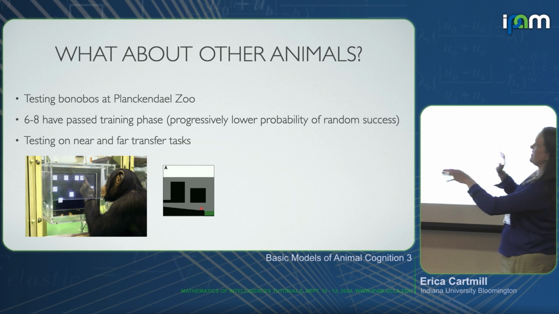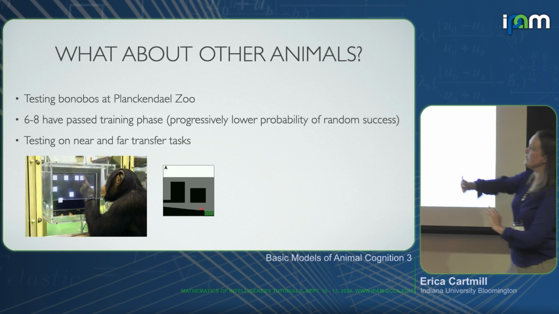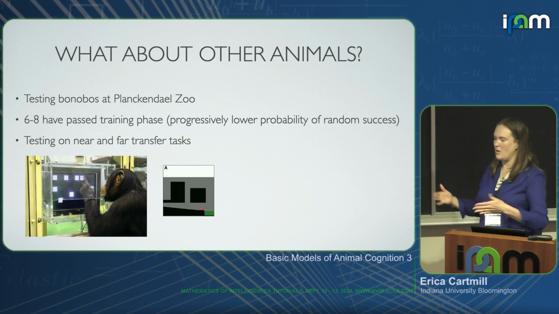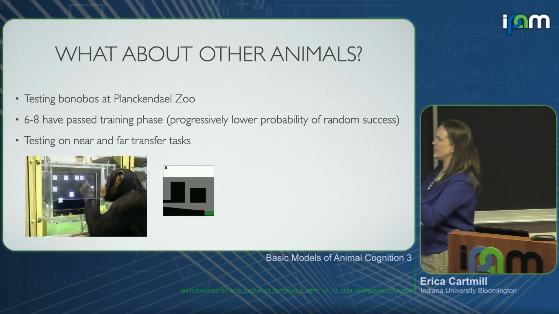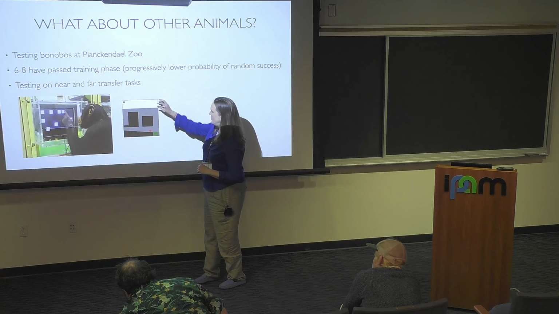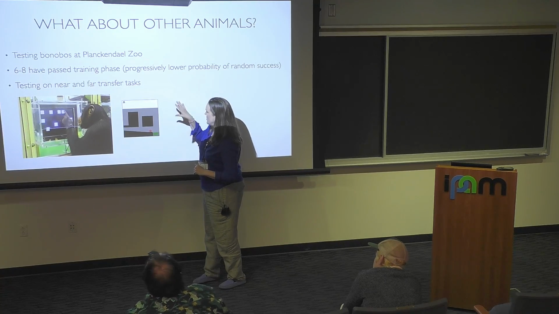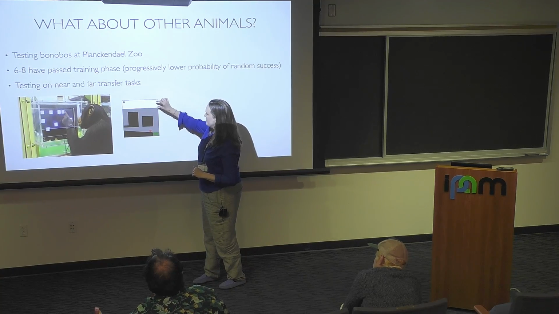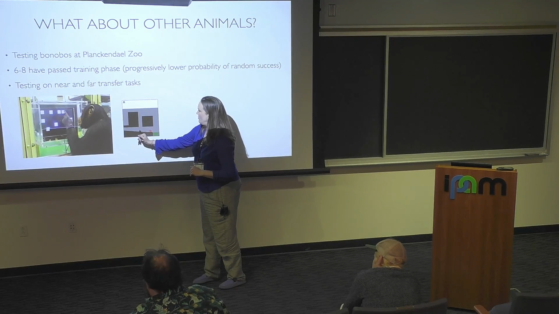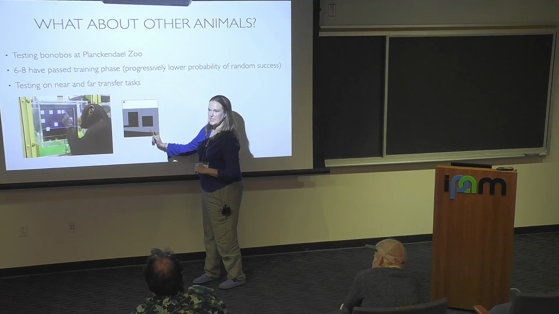This is in progress, so I don't have real data to show you. I just want to tell you that we have 6 to 8 who have passed the initial training phase where we're progressively lowering the probability of random success. So, this would be an example where you choose a tool and then you have to drop it here in order for it to be successful, right?